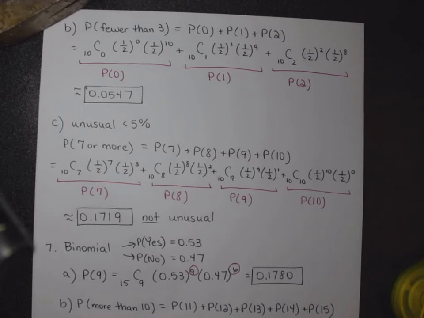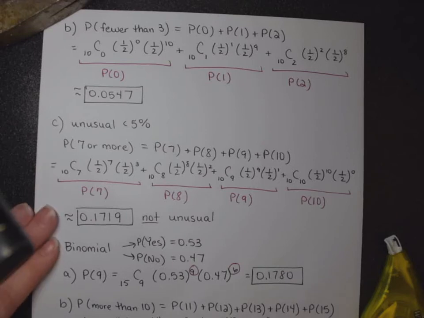Out of 15, I want to choose 11. 11 were a yes, which means by default that 4 were a no. For the next one, out of 15, I want to choose 12. So 12 were a yes, which means 3 were a no.